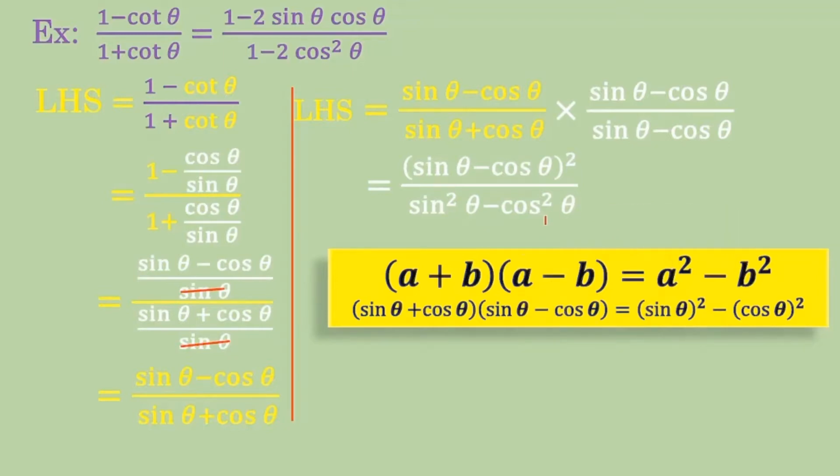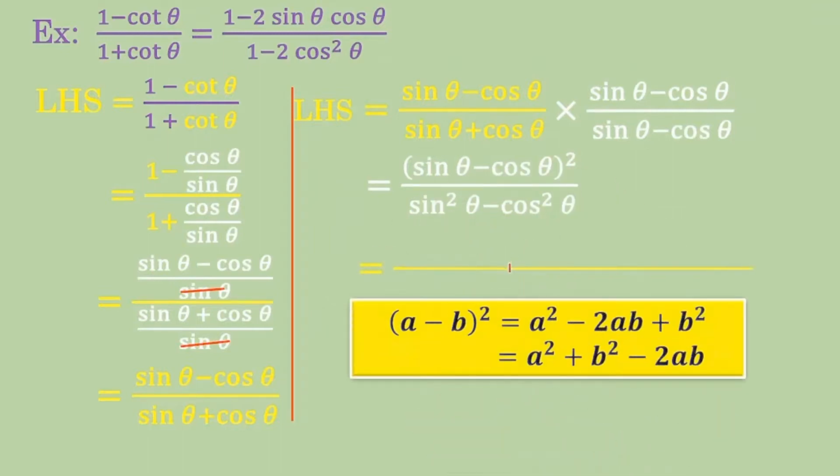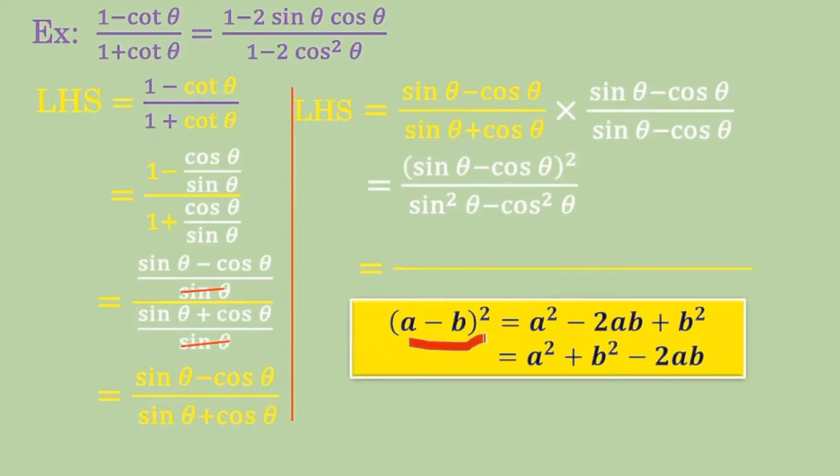Now apply the formula of (a minus b) whole square to expand (sin theta minus cos theta) whole square. That is, (a minus b) whole square is equal to a square minus twice ab plus b square, or equal to a square plus b square minus twice ab.